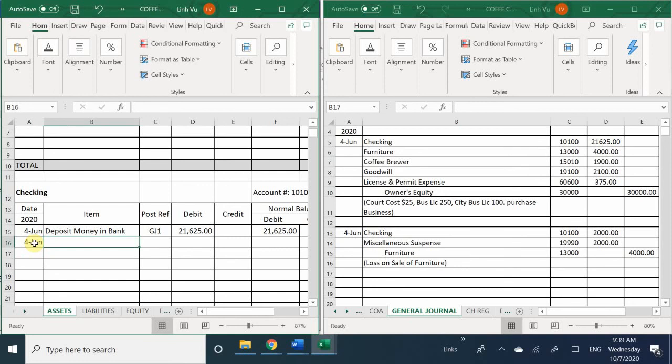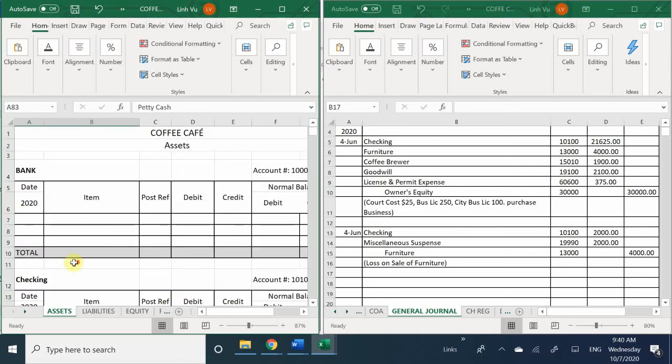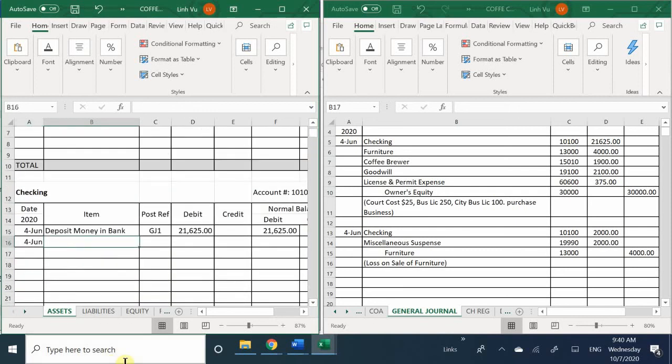This is where you can fill in as much detail as you'd like. In this case, I'm going to write sale on furniture. General Journal number 1. And it was for $2,000.